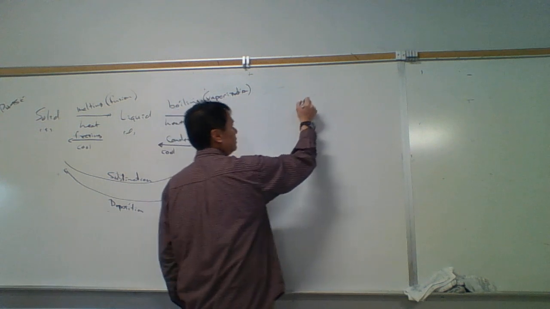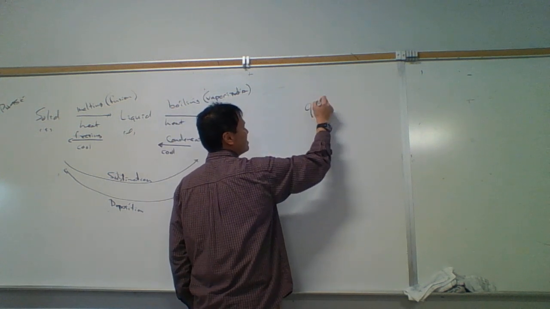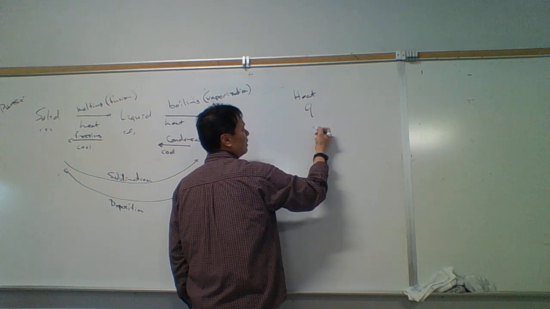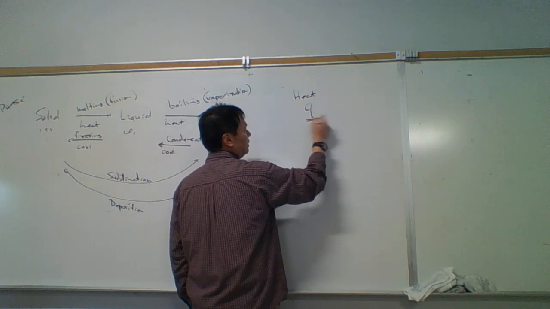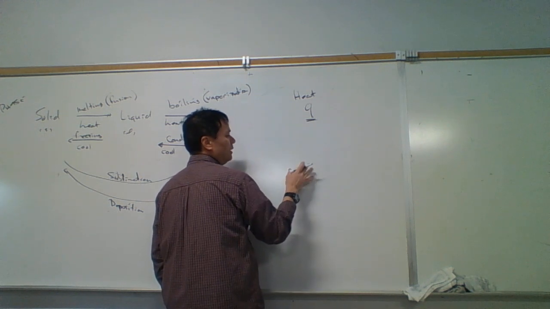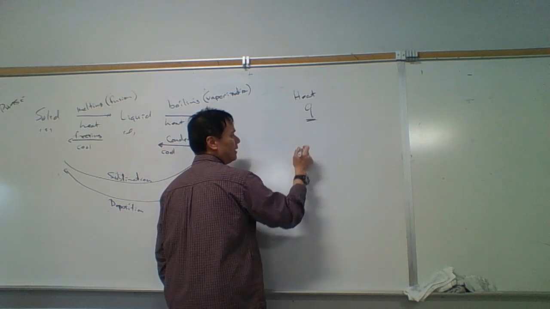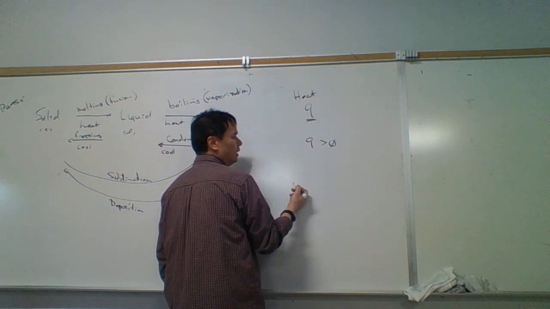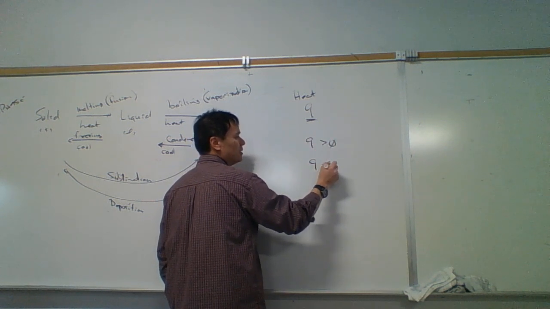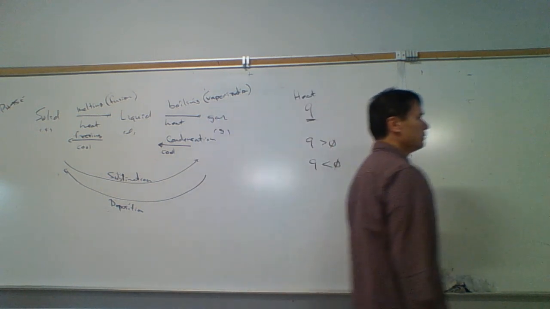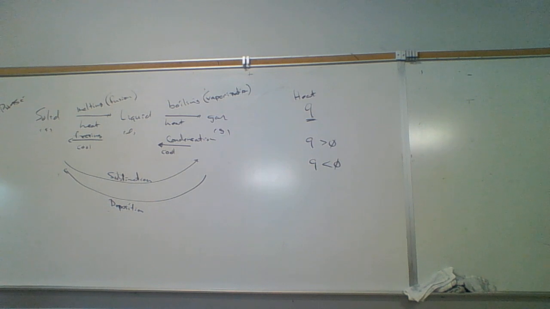And so heat, Q, is the energy. If we add heat, then Q is greater than 0. It's positive. If we remove heat, then Q is less than 0. It's negative.